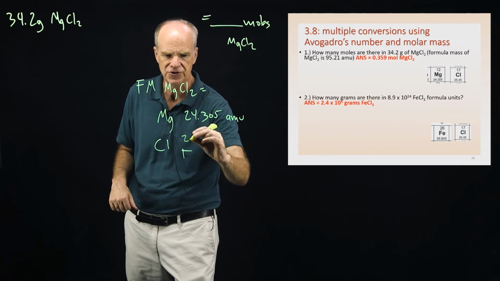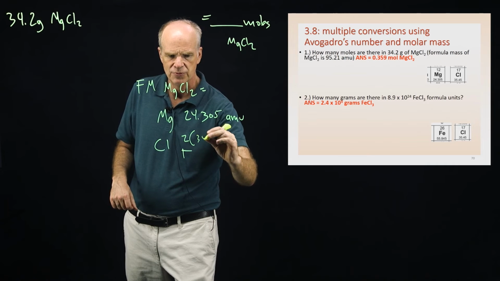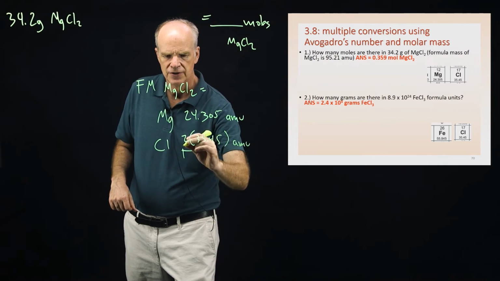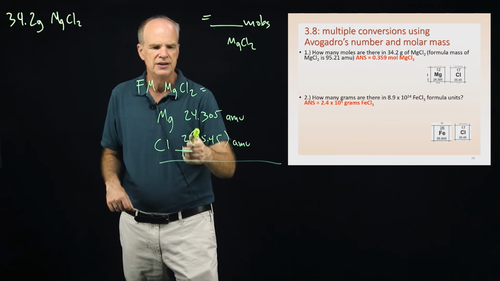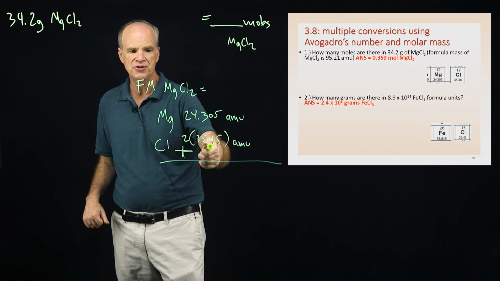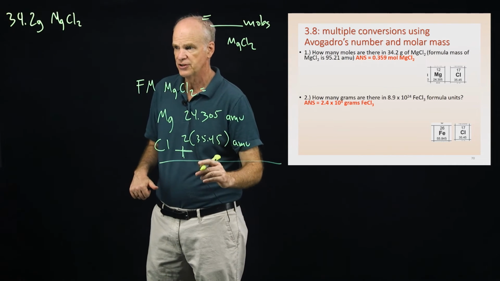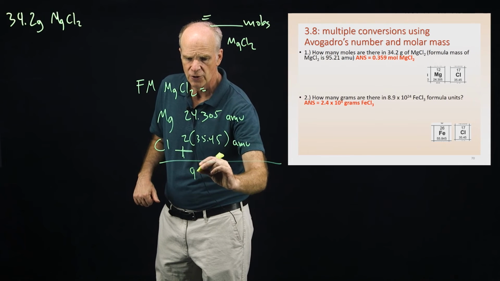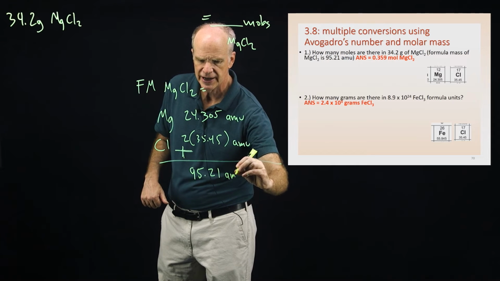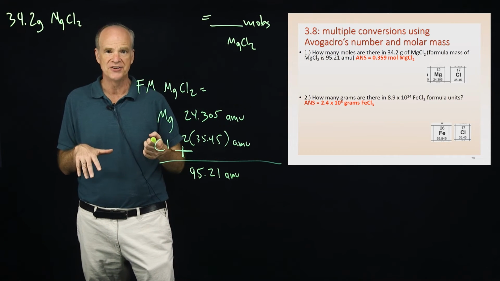So it's 2 times 35.45 AMU. Add 24.305 from magnesium and 2 times 35.45 from chlorine, and to the correct number of significant figures, the formula mass of magnesium chloride is 95.21 AMU. Now, that tells us the molar mass of magnesium chloride.